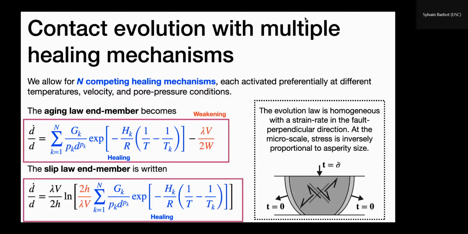And I have tried to avoid touching on fluids here, because even though there are a lot of experiments on permeability and porosity of gouge, there are not a lot of experiments that describe the effect of these fluids on strength and on friction, particularly.